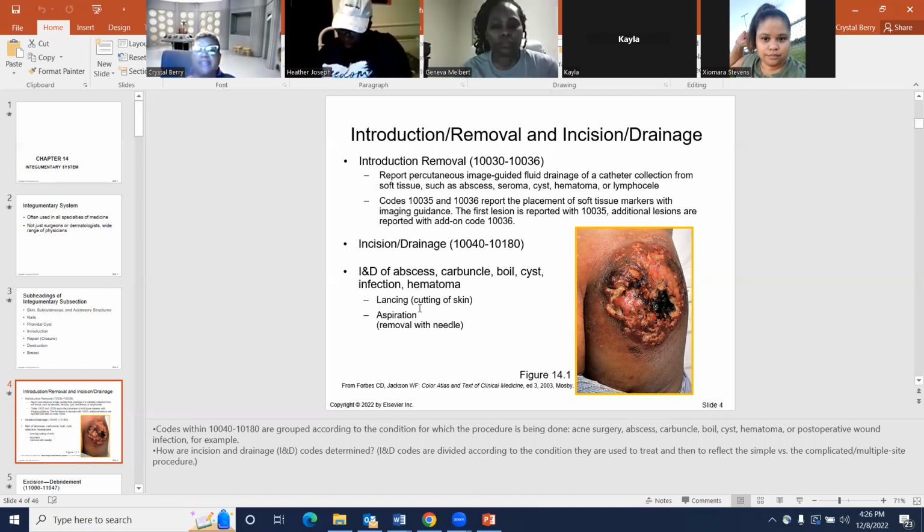And it's showing lancing, which means cutting of skin, and aspiration, removal with a needle. So they're giving you the examples and showing you what it looks like, and it shows you in the book, figure 14.1. So make sure that you're looking at the diagrams and seeing what each thing stands for.